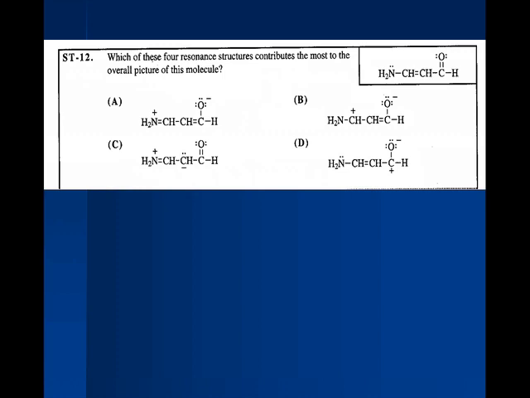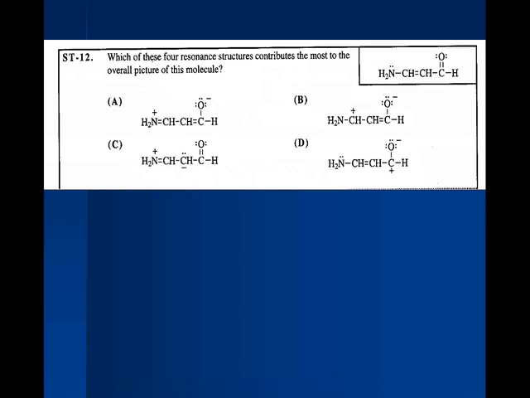That's how you take your test? Looks a little weird. Which one would you eliminate right off the bat? Okay, you could eliminate C. Does everything have an octet in C? Yeah, so it may not be the first one that I would eliminate. Which one doesn't have an octet for everything?